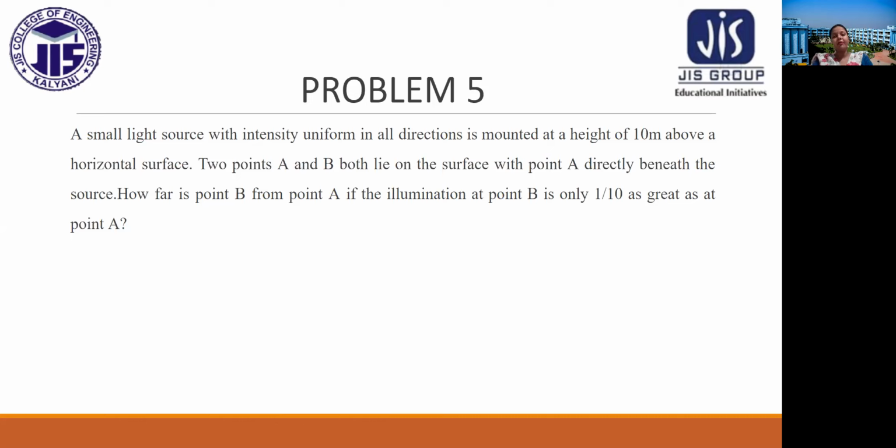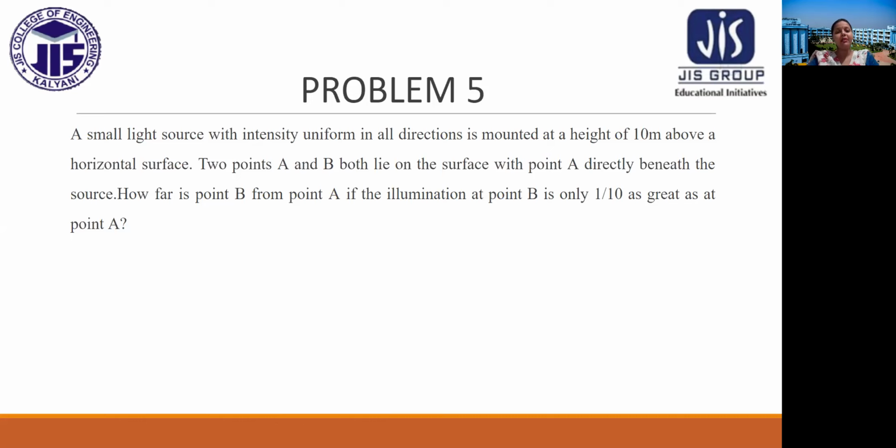This particular problem comes almost every year. So give a star mark to this problem, and you have to understand this problem very clearly. So again I'm reading the problem. A small light source with intensity uniform in all directions is mounted at a height of 10 meters. So height is being given.